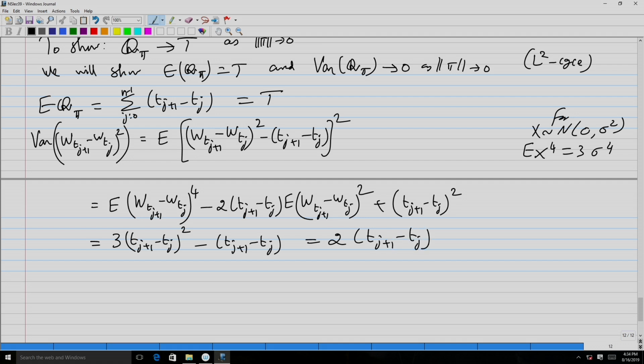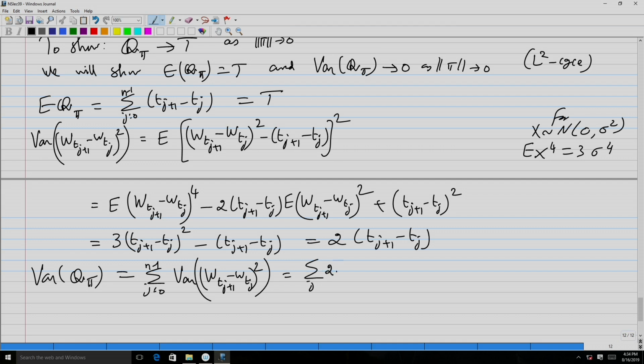Now, if I look at the variance of Q_π, as the summation from j equal to 0 to n minus 1 of the variance of this quantity, because each one of them is independent, there is nothing more resulting here. So, this is essentially the summation over j of 2(t_{j+1} − t_j)².